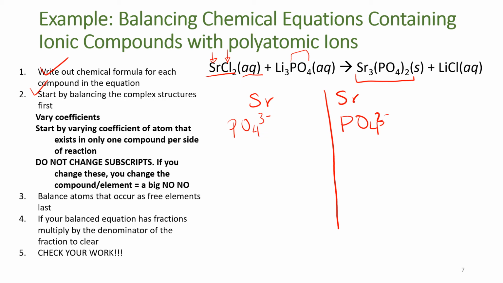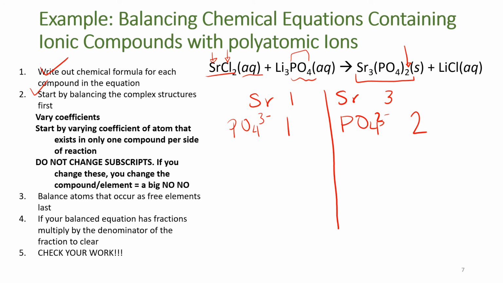So we have 3 strontium on this side. We only have 1 on this side. We have 1 phosphate right here, right? We can tell it's only 1 because there's no parentheses around it. Right here we can tell we have 2 because there's a subscript after it. Okay, so obviously both of these are not balanced.